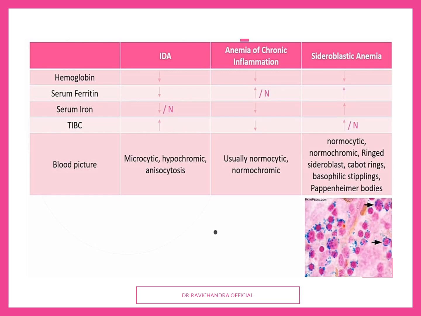In a nutshell, in iron deficiency anemia, hemoglobin, serum iron and serum ferritin will decrease and total iron binding capacity will increase. Whereas in sideroblastic anemia, hemoglobin is decreased, while serum ferritin, serum iron and total iron binding capacity will be increased. Both are opposite in serum ferritin, serum iron and total iron binding capacity.